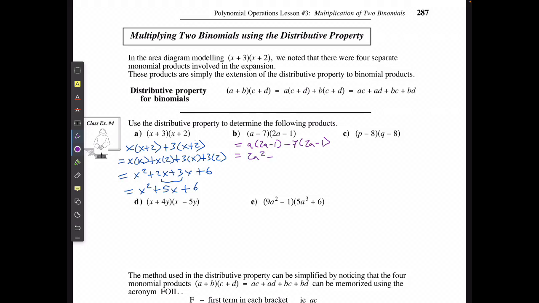A times negative 1 gives me negative a. Negative 7 times 2a gives me negative 14a. And negative 7 times negative 1 gives me positive 7. I combine the like terms in the middle, and I get 2a squared minus 15a plus 7.